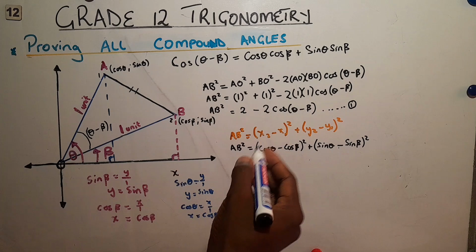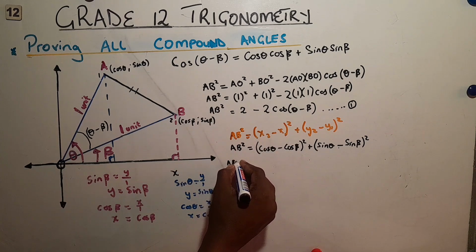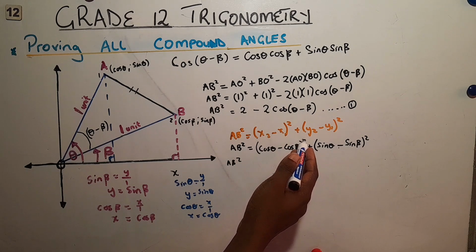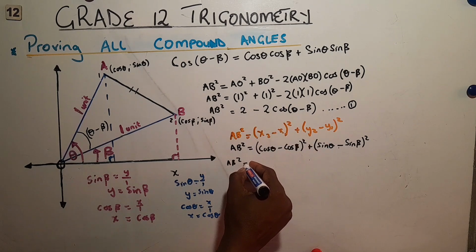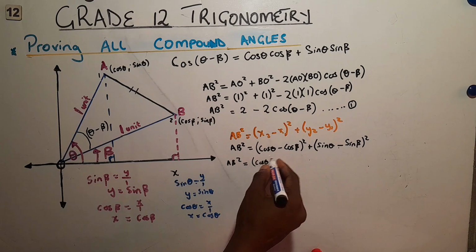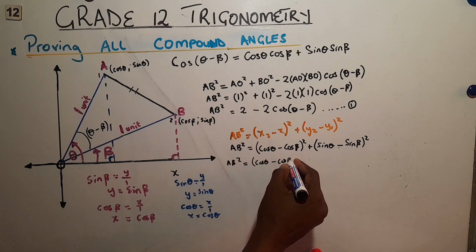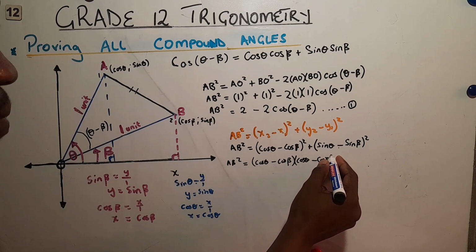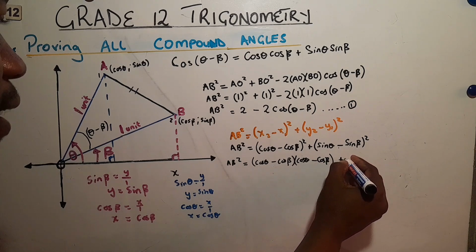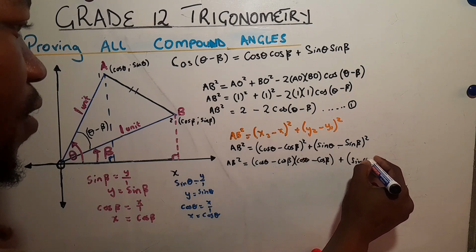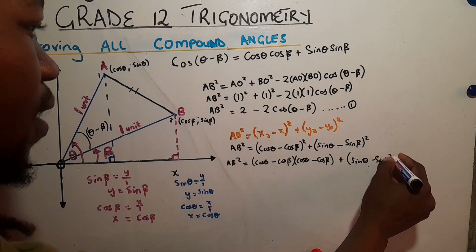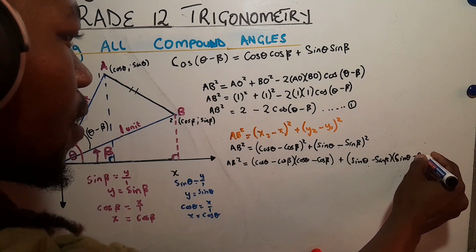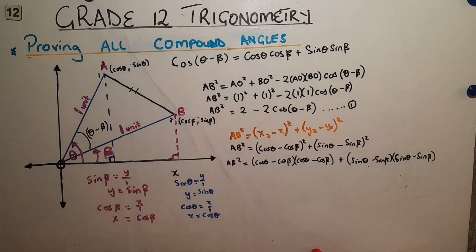So we can expand that, or multiply that. AB squared, because this is squared, means 2 sets of brackets, right? So this will be cos theta minus cos beta, cos theta minus cos beta, and then plus sine of theta minus sine of beta, sine of theta minus sine of beta, right?